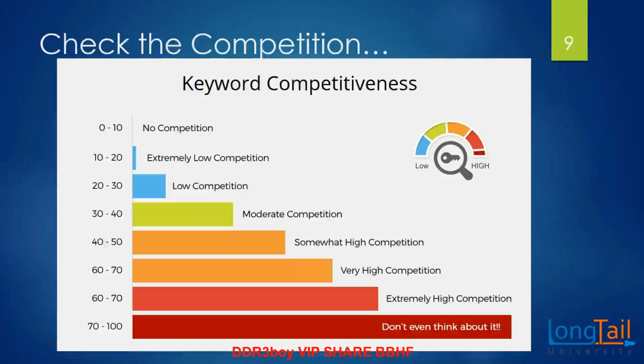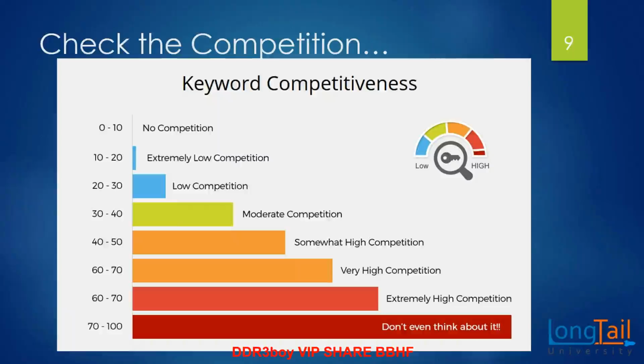In the 30 to 40 range is where I start to get more hesitant. If it's over 35, I usually avoid that. If it's under 35, I dig deeper. I'll look at the actual top 10 results and see who's targeting it well, what types of websites are there.